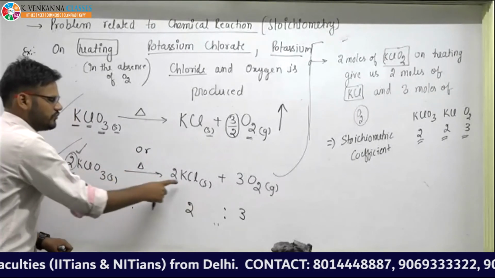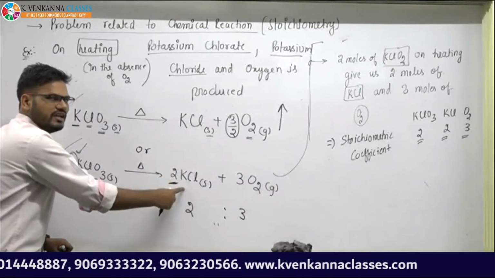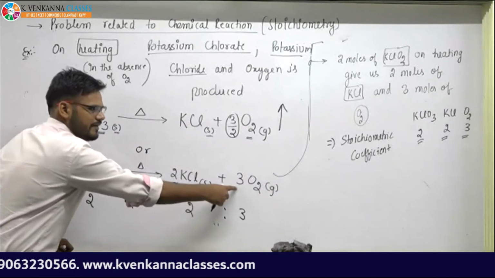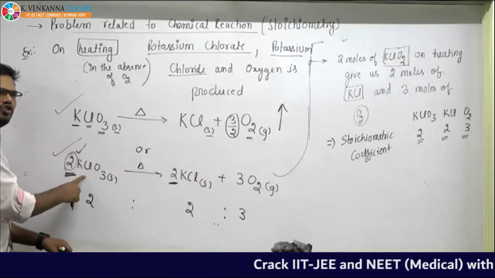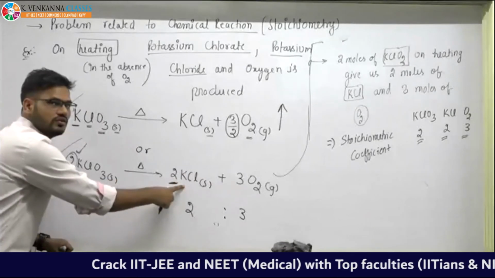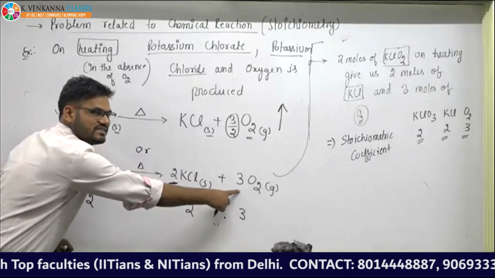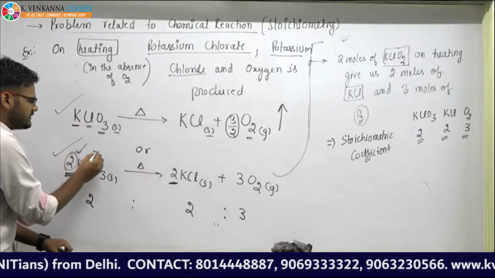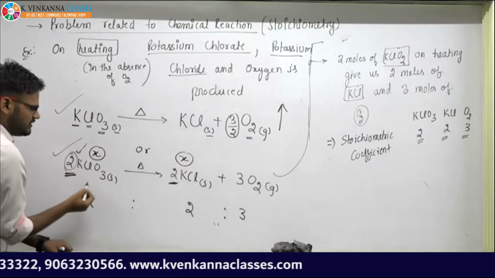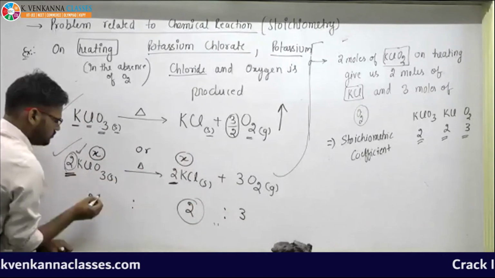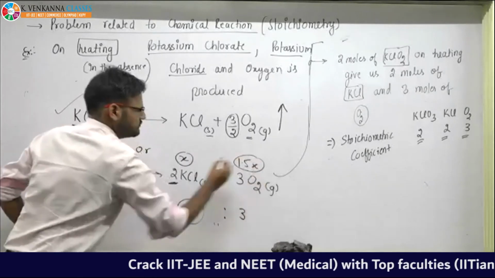If it is 3, then this will also be 3, and it is 1.5 times. 2:3 is 1.5 times. So if you take 4 moles of this, then this will also be 4, and this will be 1.5 times, that is 6. If you take x, then this will also be x, because it says 1:1, the same molar ratio, but this is 1.5 times, so this answer will be 1.5x.